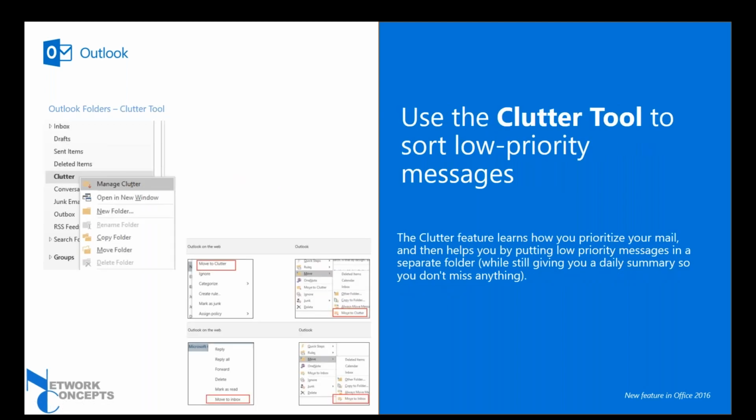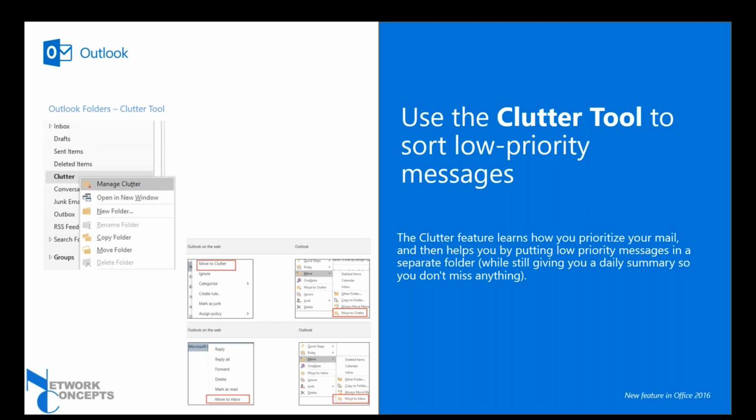All right, so now I'm going to talk about the Clutter Tool. Just an FYI about the Clutter Tool: if you have Office 2016 and you don't have an Office 365 subscription, you're not going to have access to it, which is kind of a bummer because it is kind of cool.